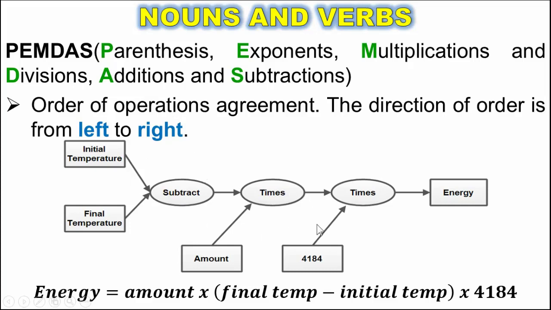On the diagram, the direction of the arrows is from left going to the right. Subtract will be first computed, followed by times, followed by times. On the computational model or mathematical model, we see the expression final temperature minus initial temperature is parenthesized.